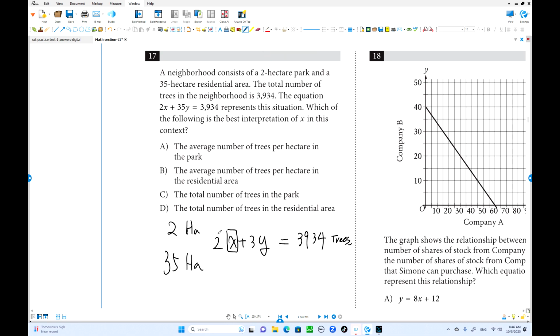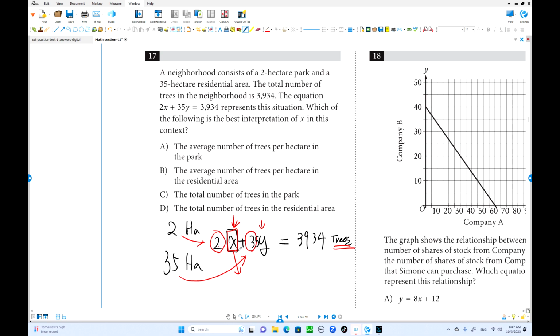Can you see that over here? 2 is the same as this, 2 hectares. 3 is what? No, 35, right? This is 35. 35 hectares. So what does that mean? 2 hectares times the number of trees, because the total unit is the number of trees. 2 times that means this is the number of trees in 1 hectare, okay?